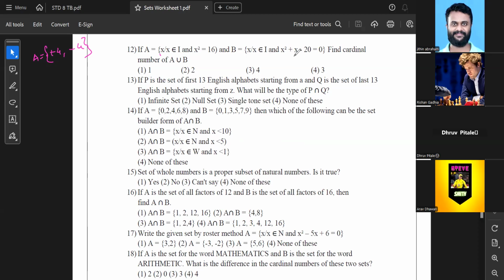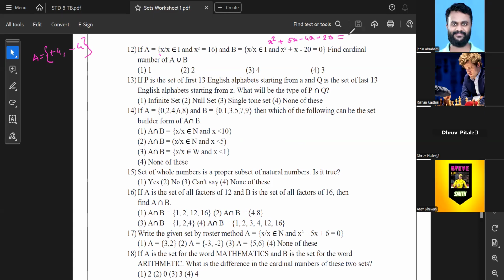B says x is an integer where x square plus x minus 20 is equal to 0. So the possible numbers are 5 and 4, like 5x minus 4x. So when you solve x square plus 5x minus 4x minus 20, 5 minus 4 is 1, therefore 1x, then plus 5 multiplied by minus 4 is minus 20.